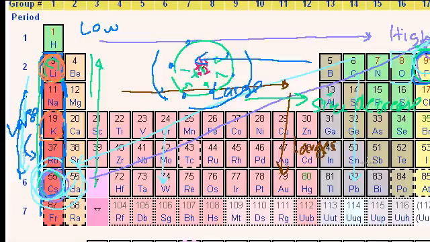So atomic size goes from the bottom left to the top right, it increases toward the bottom left. Although in general, the things that are in a lower period will have a larger size than most things in a higher period, regardless of what group it's in. But the general trend within a group, the higher the period number, the larger the atom. Within a period, the more protons you have, the smaller the atom.